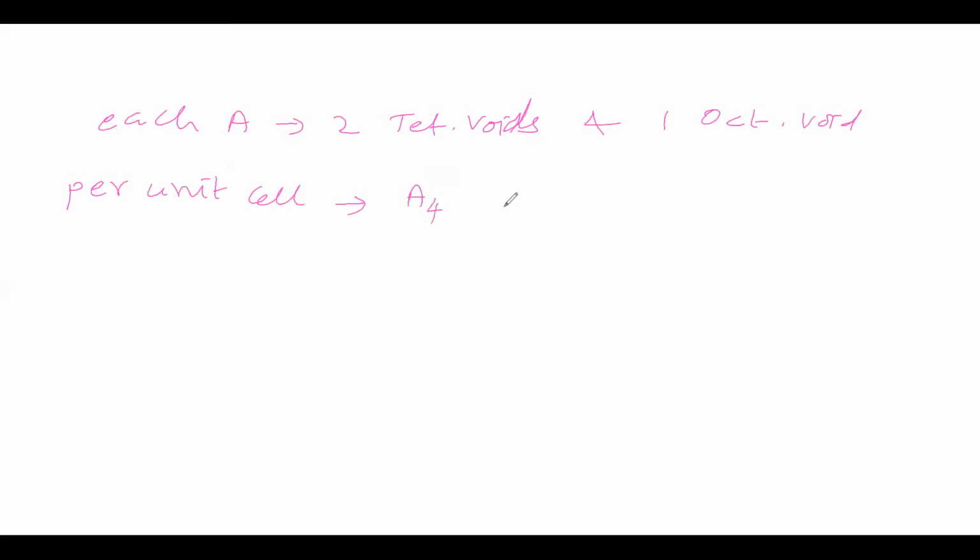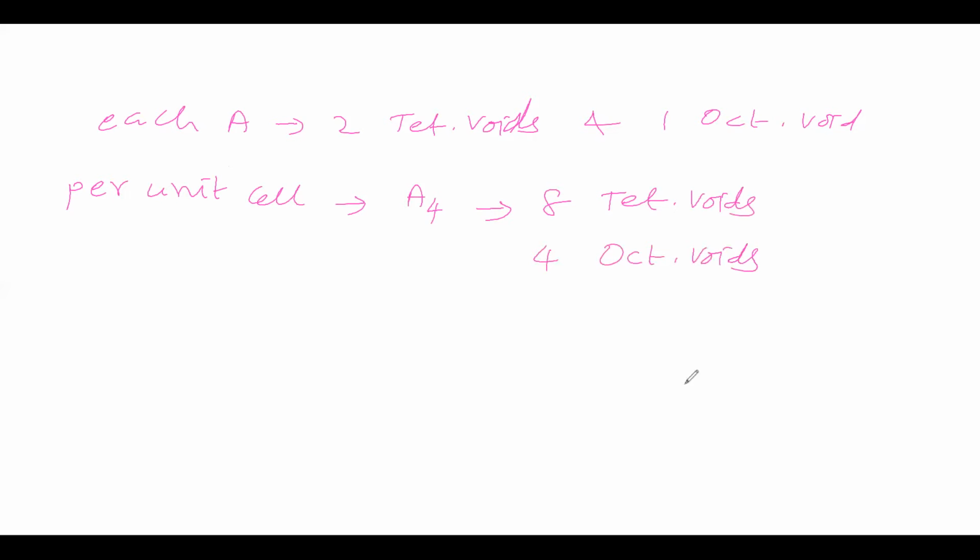Okay. For each A, 2 tetrahedral voids are present and 1 octahedral void is present. Per unit cell, there are 4 A, so it has 8 tetrahedral voids and 4 octahedral voids.